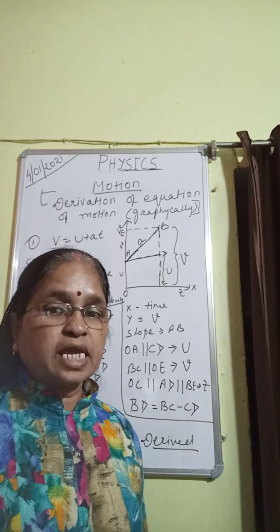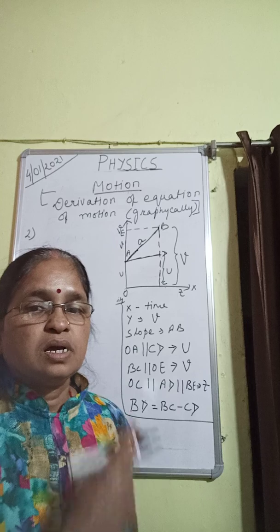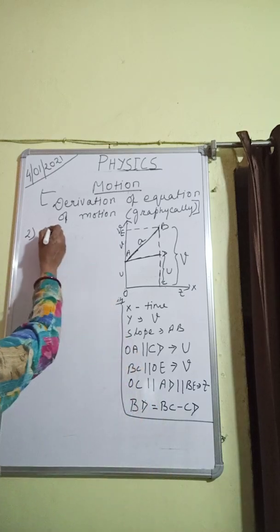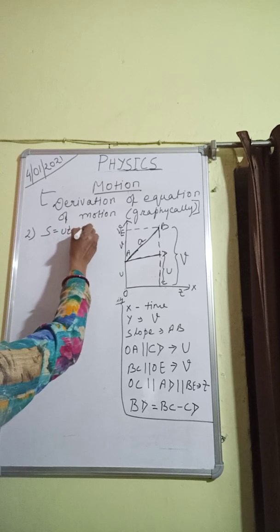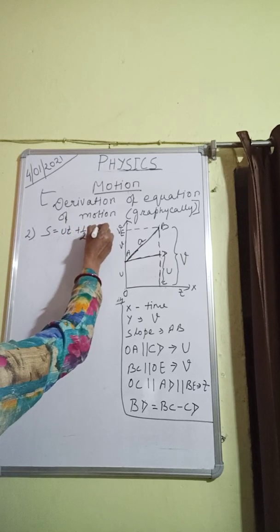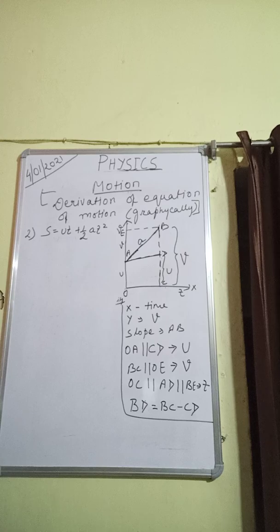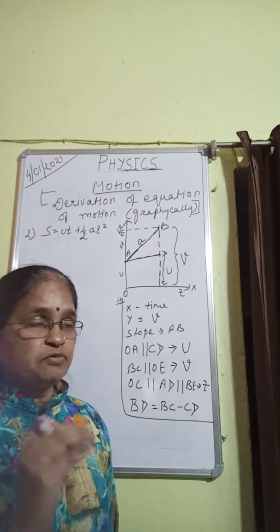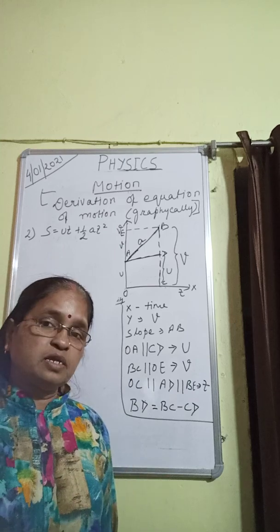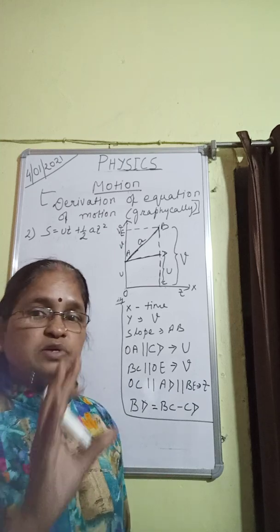Let's see the second equation of motion. The second equation of motion is S is equal to ut plus half at square. Again, don't think about anything. Only think from where the body is starting and the final position where it is reaching, what we have got.